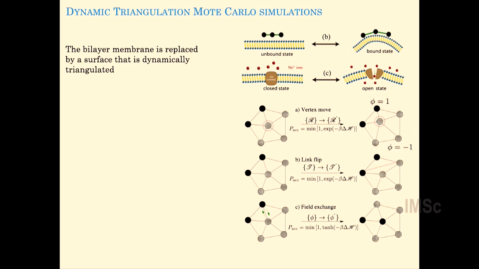You can assume the dark patches are where the protein is sitting, and the hashed patches are where there is no protein sitting. So the preferred curvature at this point would be different from this curvature. Then you can have some energy change as you flip these things also. These points can also interact, so you have a two-component system where you can have these points interacting, and you can incorporate that into this model.